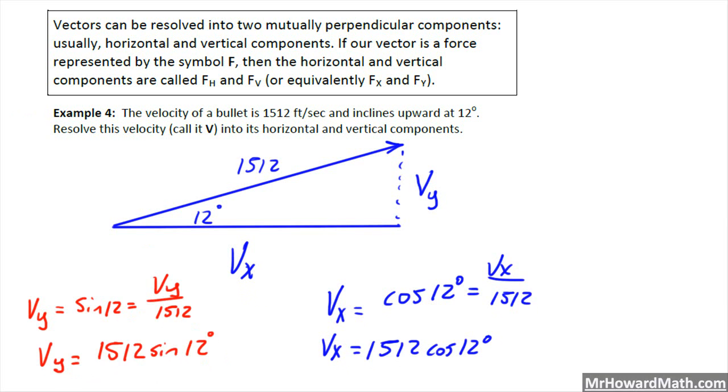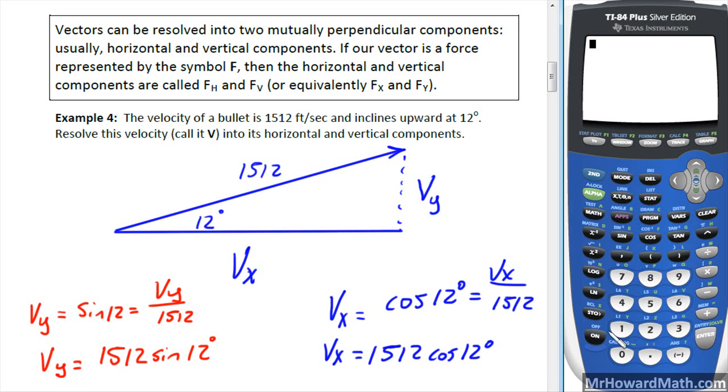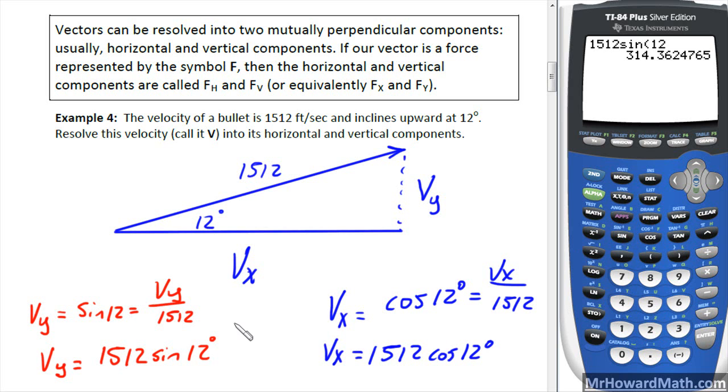And let's find those with our calculator here. So the vertical component, 1512 times sine 12, and we get 314.36 for that one. So I'll write that here, equals 314.36.